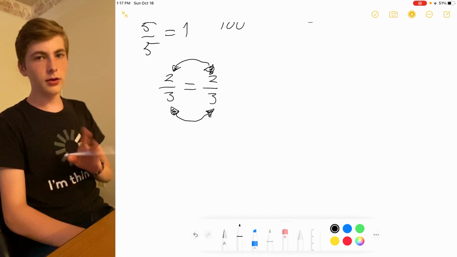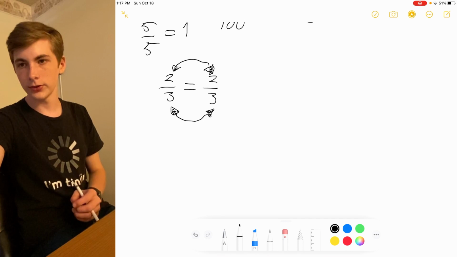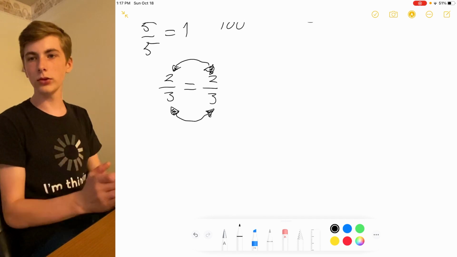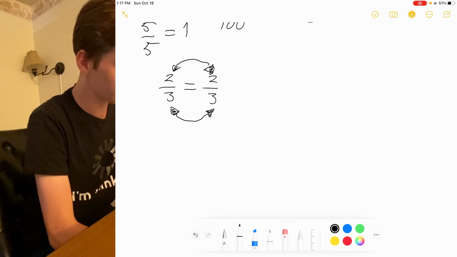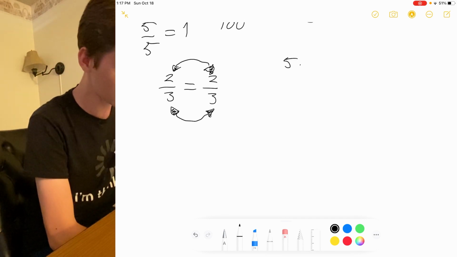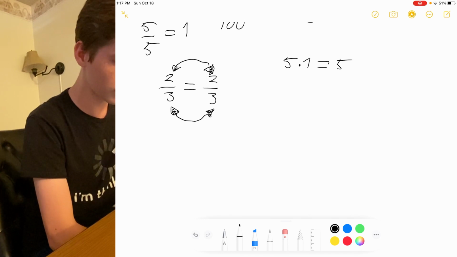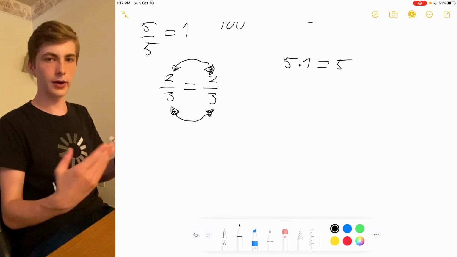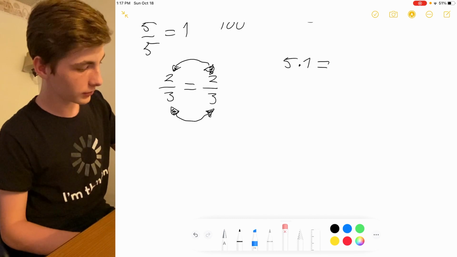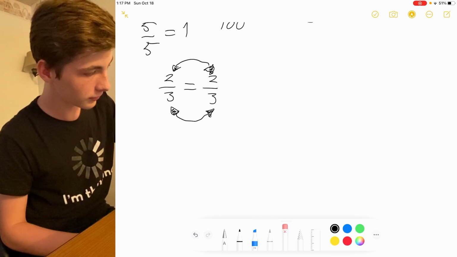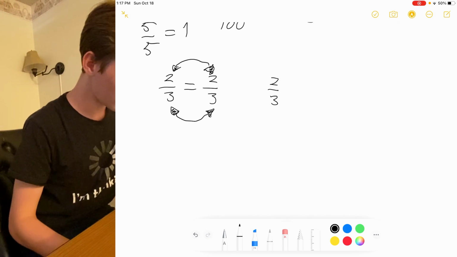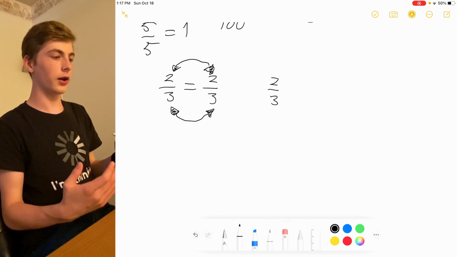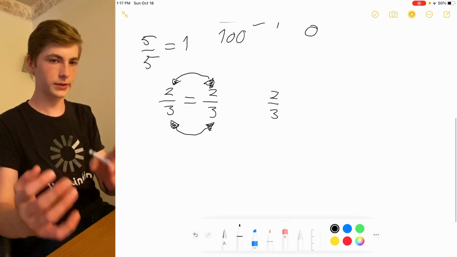But there's actually another way we can have two equivalent fractions, and it's if we multiply it by a fraction that's equal to 1. Because any number, say 5, when you multiply it by 1, you just get itself. Multiplying by 1 doesn't do anything. So what if we took a fraction like 2/3 and multiplied it by another fraction that happens to equal 1?